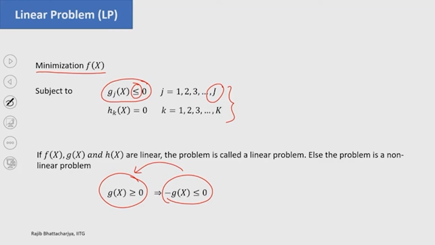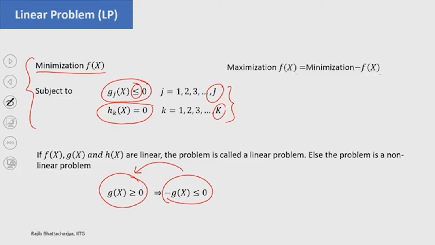We may have inequality constraints z_j(x) less than or equal to 0, or equality constraints h_k(x) equal to 0, and suppose we have a total of k such constraints. Altogether this is an optimization model. One part is the objective function. It can be a minimization type, but we may also have a maximization type, such as maximization of f(x).